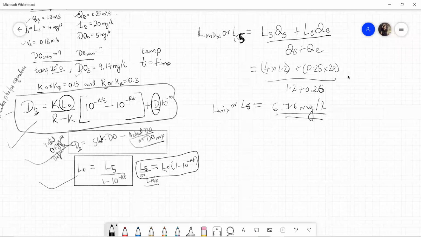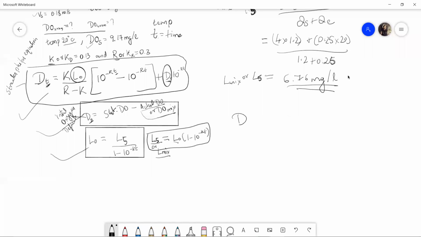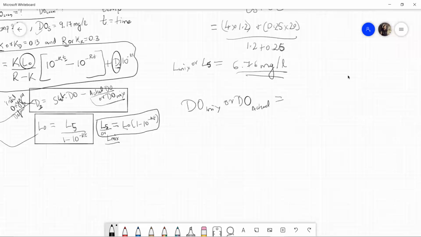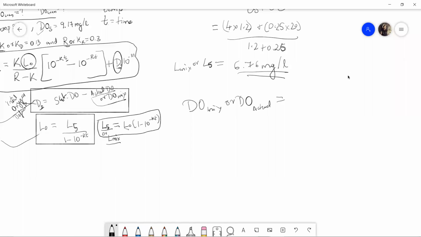Similarly, you have to find out DO mix, or DO actual. Both are the same. So what is DO mix?